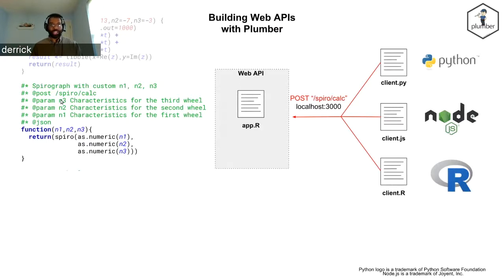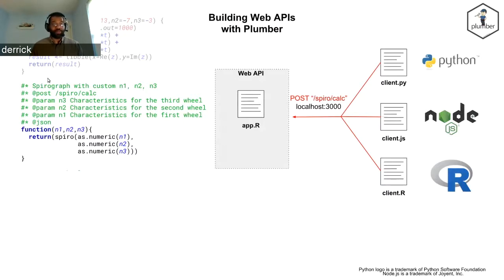So for each endpoint or type of request that we want people to be able to make, you get to describe the inputs and outputs of that endpoint. So here we have an endpoint called Spiro /calc, and this endpoint will allow a user to calculate a spirograph using custom N1, N2, and N3 inputs.